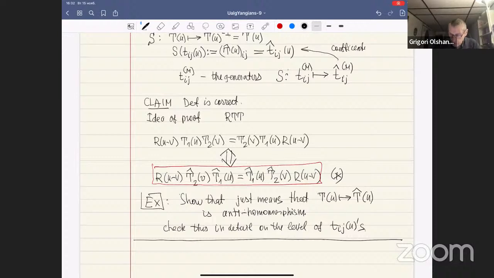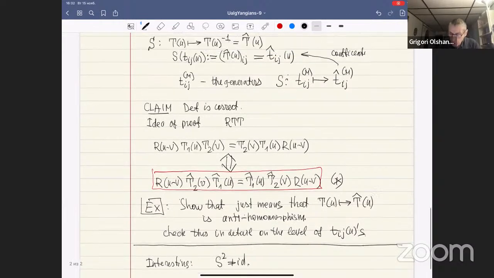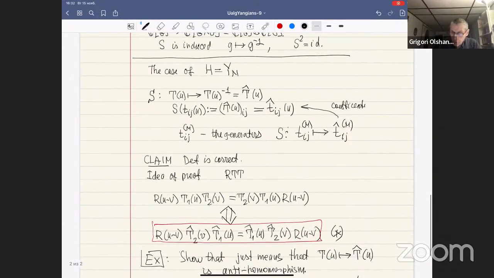What is interesting is that the square of the antipode is not the identity. At first glance, this could seem strange, because the inversion map seems to be involutive.